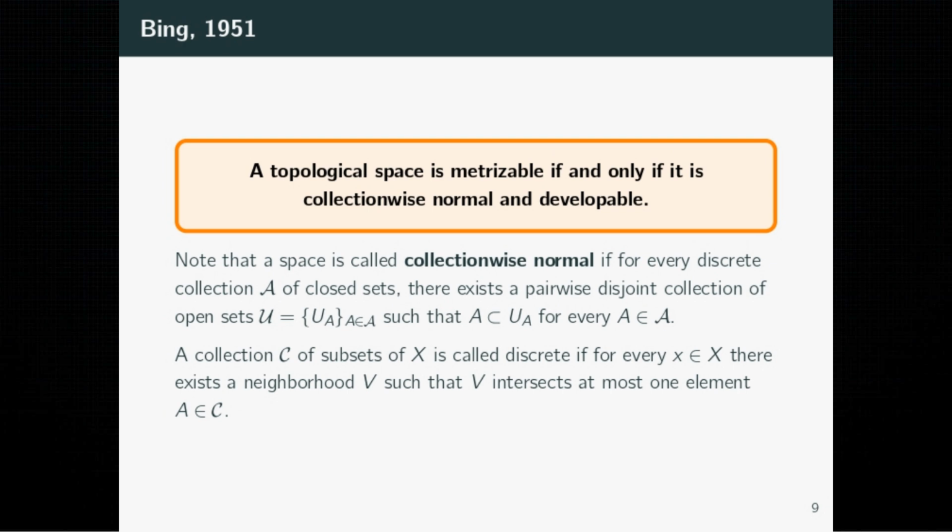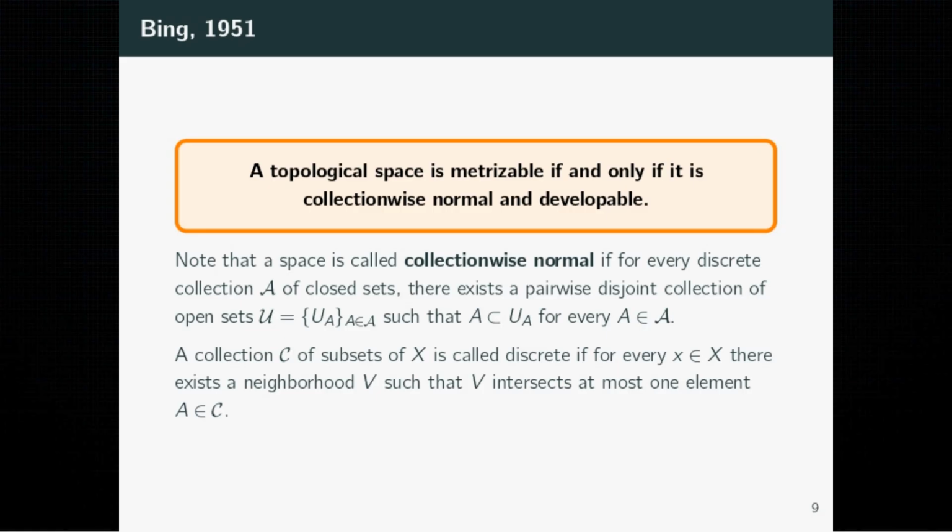We need to know what a collection-wise normal space is, and for that we first need to define what a discrete collection of subsets is, and that is a collection in which for every element of the space there exists a neighborhood such that that neighborhood intersects at most one element A of that collection. So that's a discrete collection.